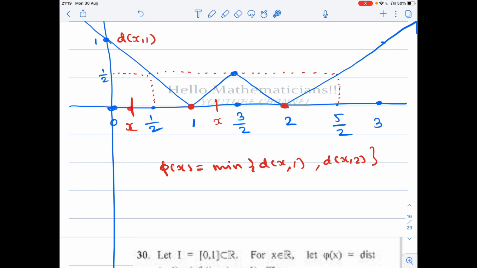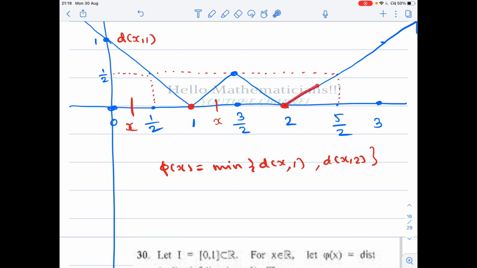Then for this point 1 is the closest point, because this distance is clearly less than this distance. So if you take any point here, the pi of x value will be the distance between x comma 1. Therefore here the function behaves like the distance between x comma 1.